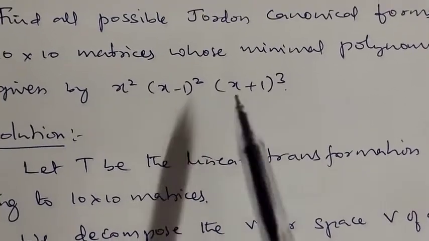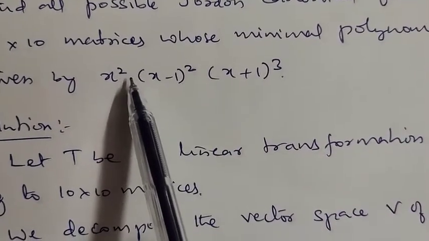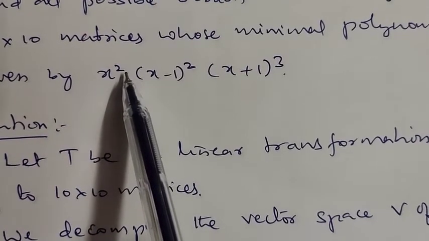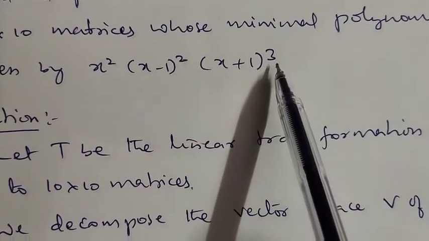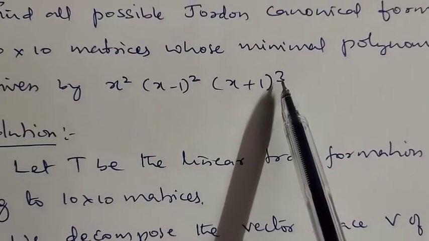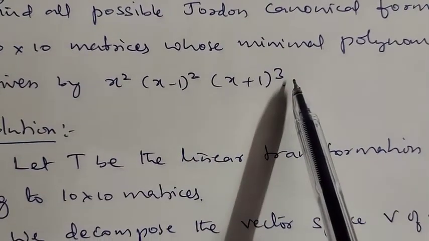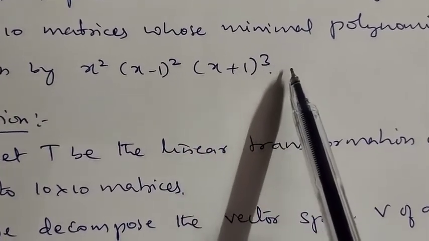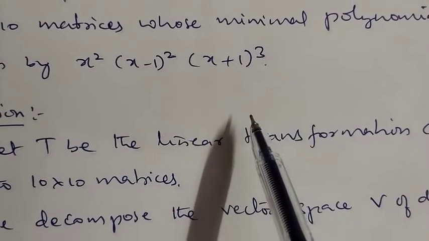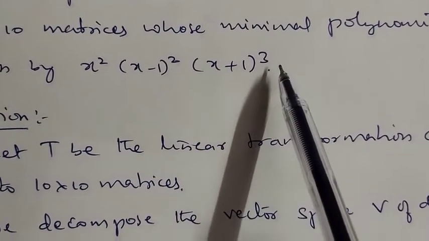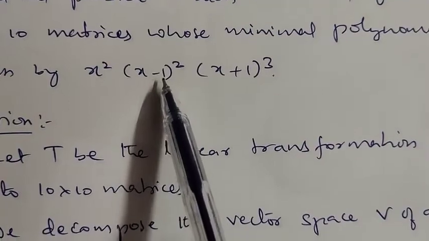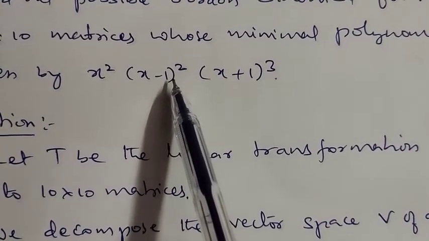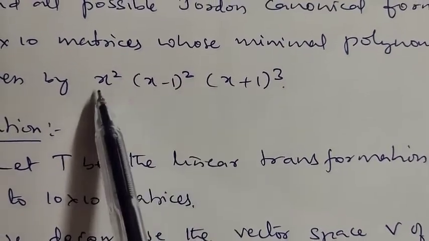Now the minimal polynomial total degree is 2 plus 2 is 4, plus 3 is 7. For 10 cross 10, another 3 degrees are needed. So you can join (x plus 1) whole cube, or other terms like (x minus 1) whole square. You cannot add (x minus 1) whole cube or x cube here.